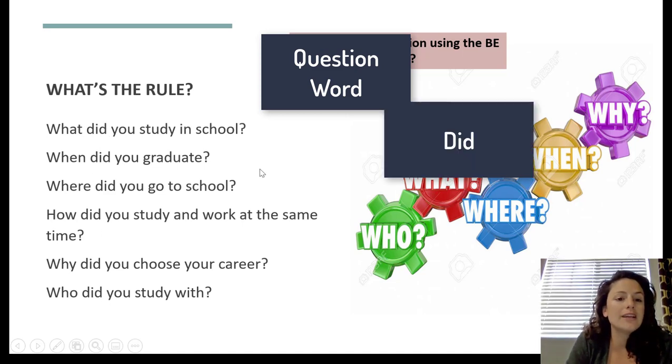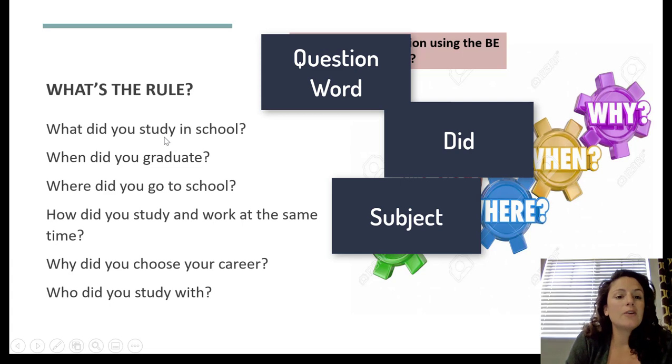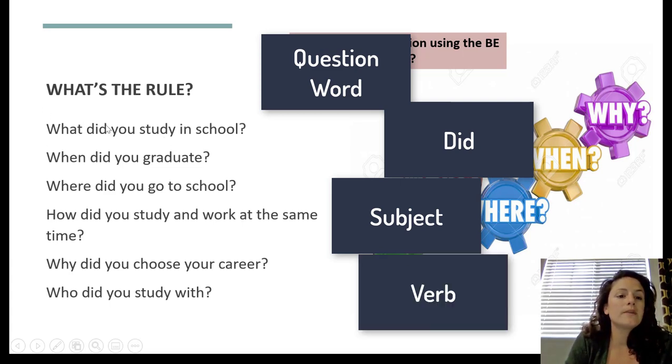Okay. After did, we have, these are all you, so this is our subject. And then we have our verb. So we have our question word, did, our subject, and then our main verb, study, graduate, go, study, choose, study.